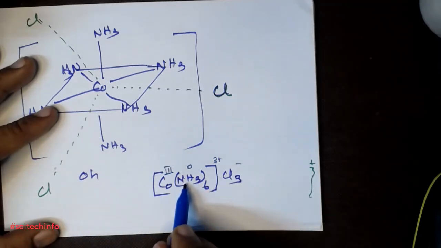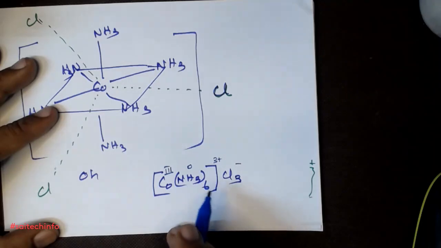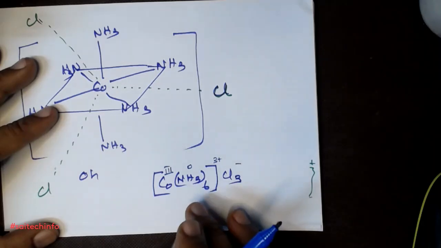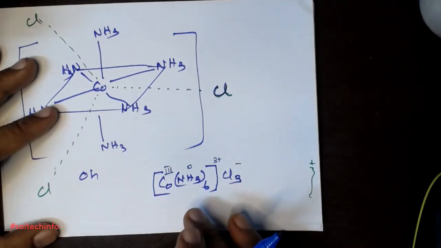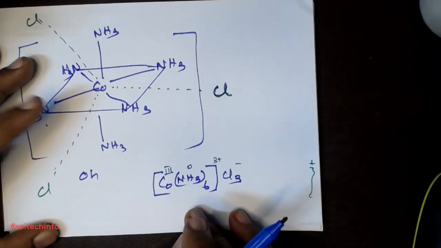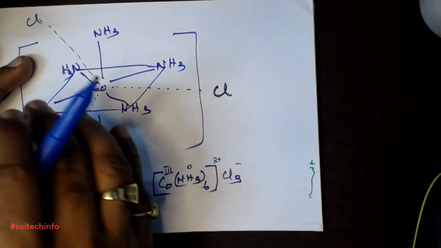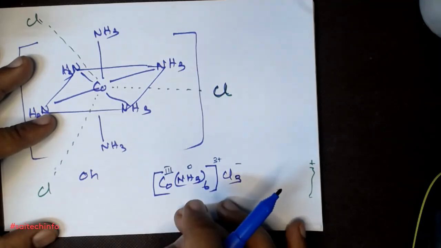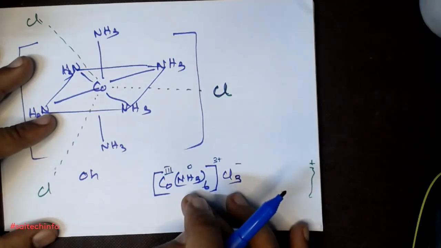How many ligands are there? 6 ligands. What are ligands? These are the anions or neutral molecules surrounding the central metal atom, coordinated to the central metal atom. That is why they are called ligands, right?